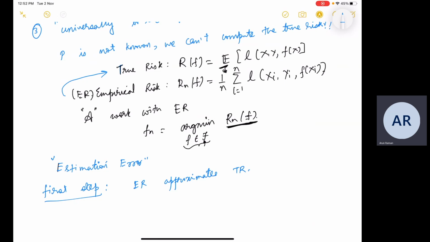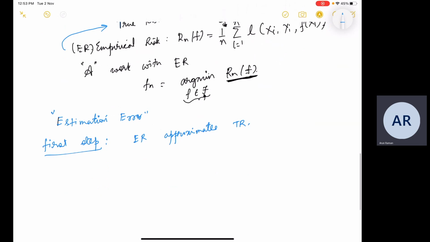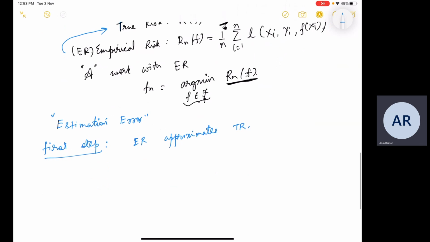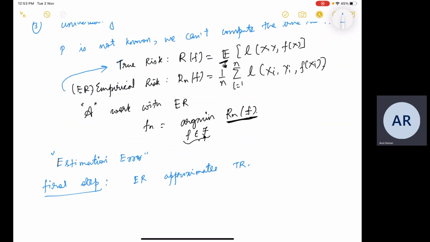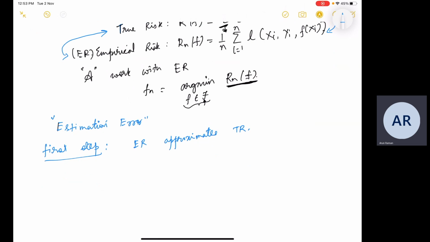This is equivalent to saying that the sampled mean and true mean, if you remember from law of large numbers and basic probability, there are lots of results, especially the law of large numbers, that relate sampled mean to true mean. We face a similar question here, where we have to compare the empirical risk with true risk. Okay. And the question that we are interested in is, does empirical risk work? Why does it work? And when does it work?